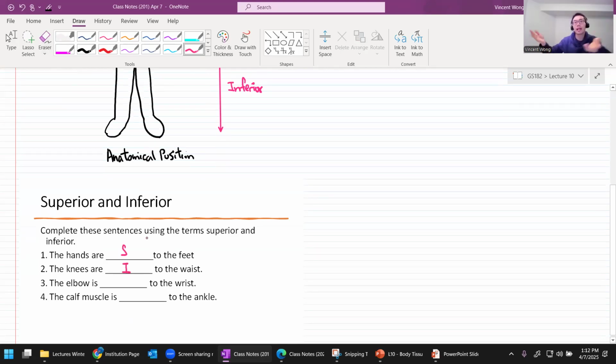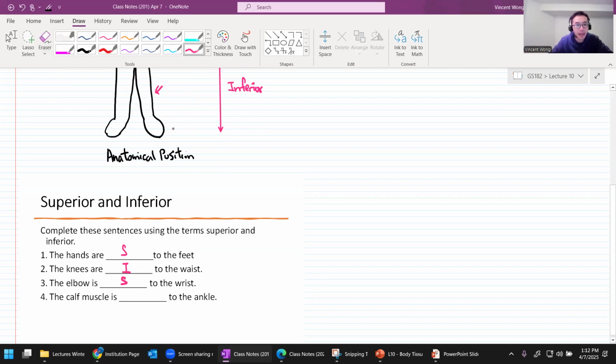Again, we are talking about the anatomical position. It's not like when you're lying down, or you cross your legs or something like that. What about elbow and wrist? Elbow is here, wrist is here, but again, not with my hand up, but in the anatomical position. In the anatomical position, the elbow is superior to the wrist. And the calf muscle and the ankle?